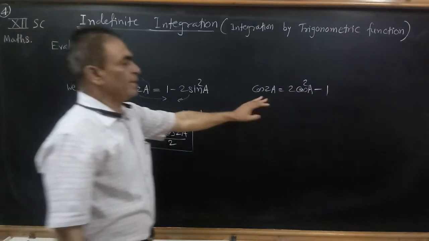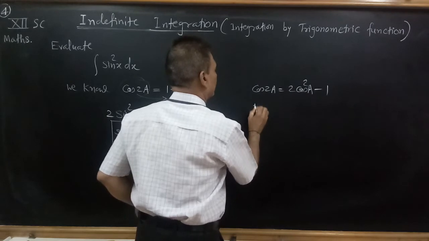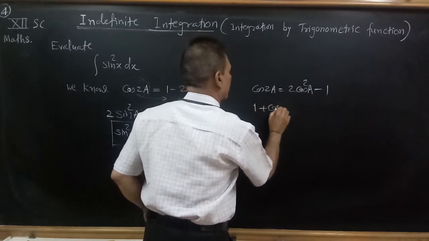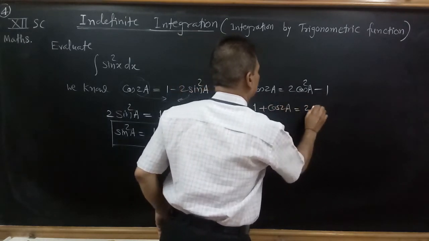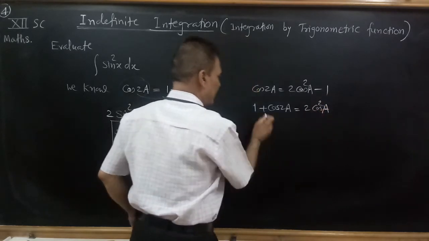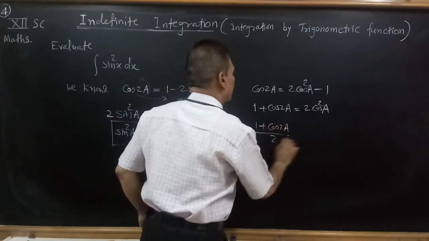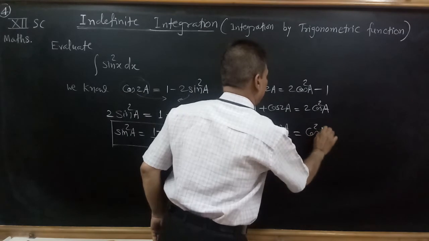Similarly, here also transfer this minus 1 to the left hand side, you will get 1 plus cos 2a is equal to 2 cos square a, and transferring this 2 to this side, you will get 1 plus cos 2a divided by 2 equal to cos square a.